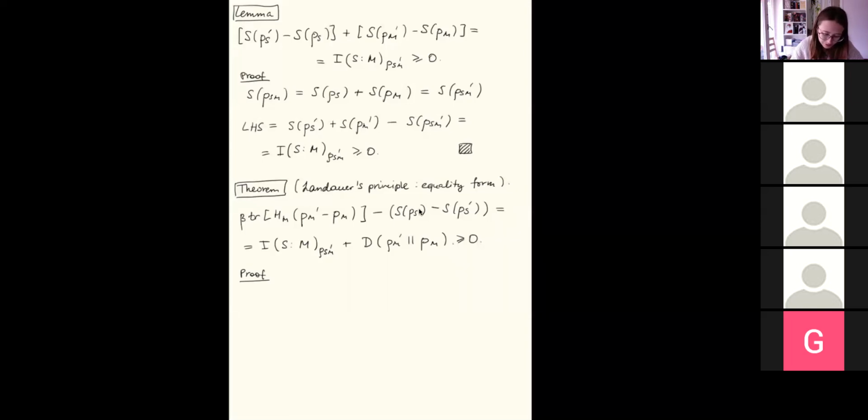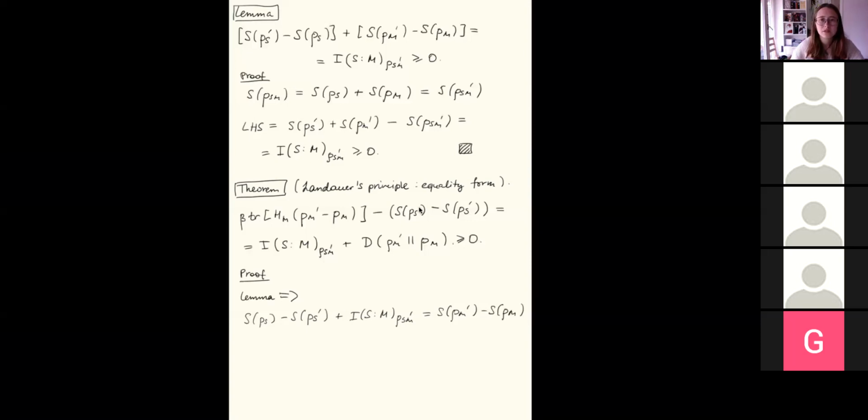From the lemma, it follows, and we just rewrite it in a more convenient way for us, that S of rho S minus S of rho S prime plus the mutual information in the final state equals S of rho M prime minus S of rho M.